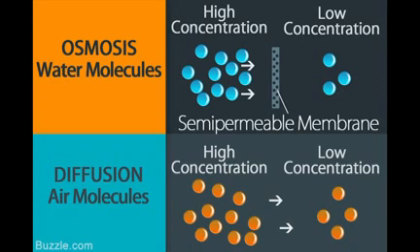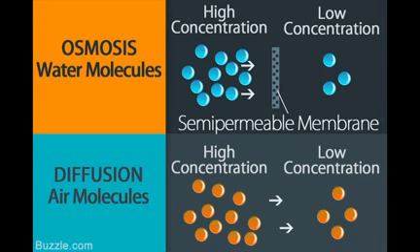Now in diffusion no membrane takes part, but in case of osmosis it takes place through a membrane. Also, diffusion occurs through solids, liquids or gases, but osmosis takes place through water molecules or any kind of solvent.